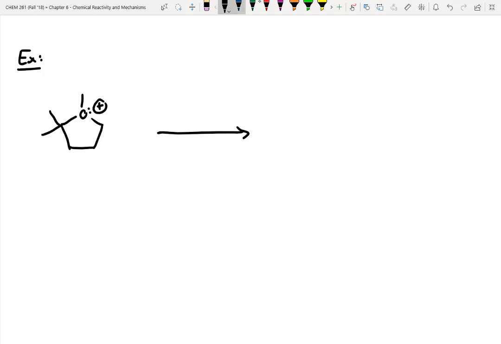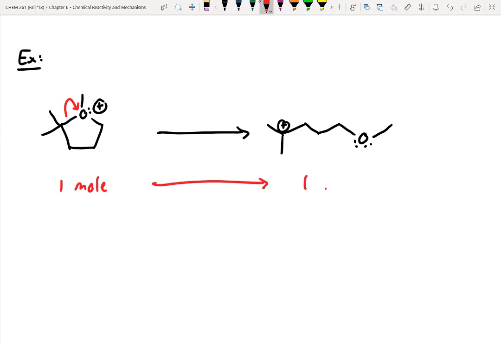And what will end up happening is this bond will break and dump both bonding electrons onto that oxygen. So we haven't gained or lost any atoms during this. If we look at this one, we're going from 1 mole of starting materials to 1 mole of products. So it's a tie.